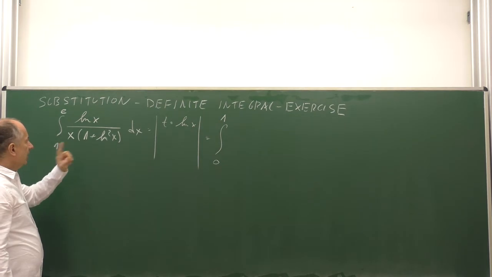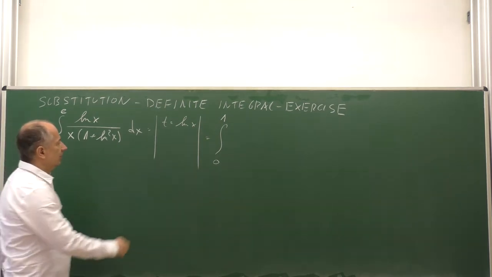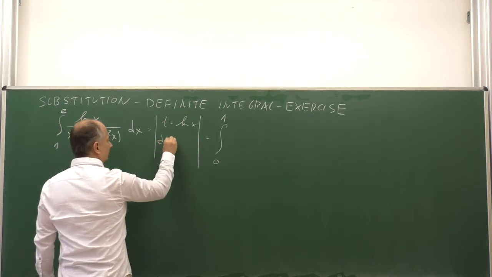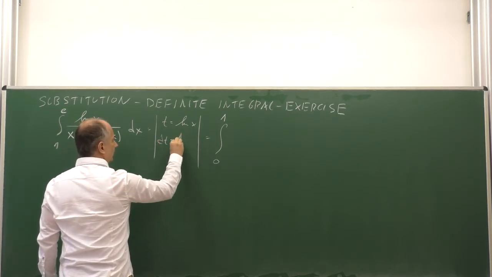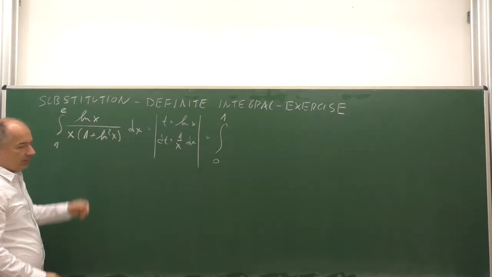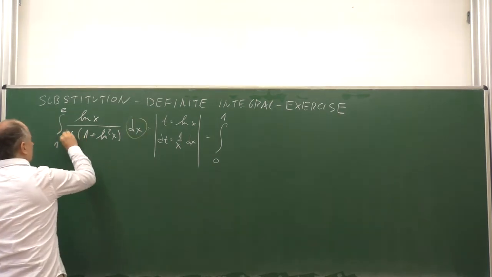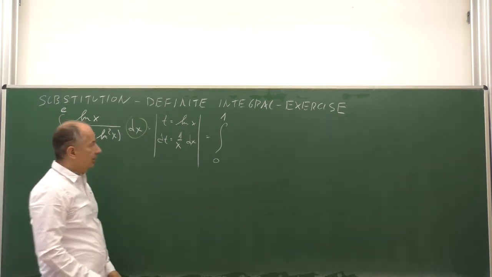So, now what about the function? Perhaps the differential. dt is the derivative of logarithm, which is 1 over x dx. And 1 over x dx is fortunately here, this and this. So that will be dt.